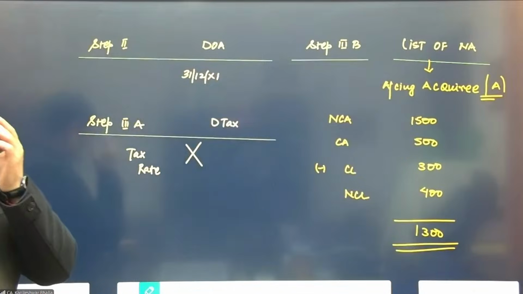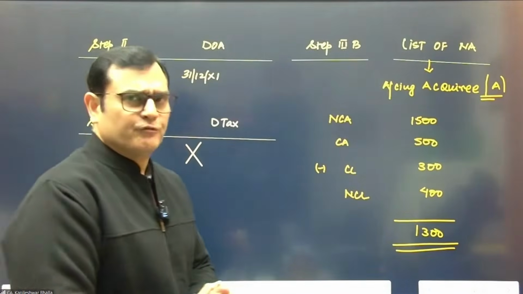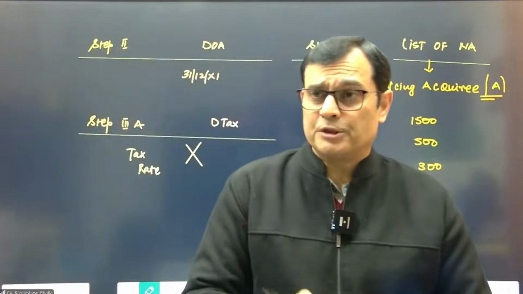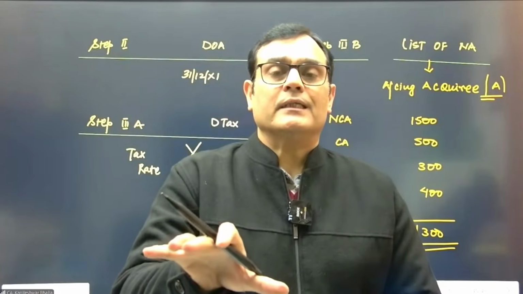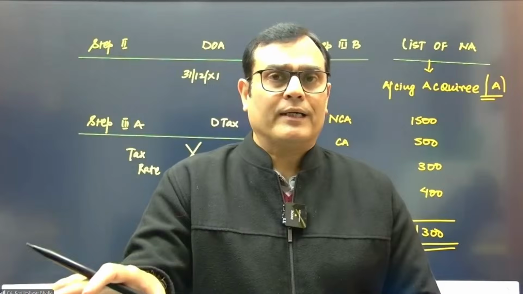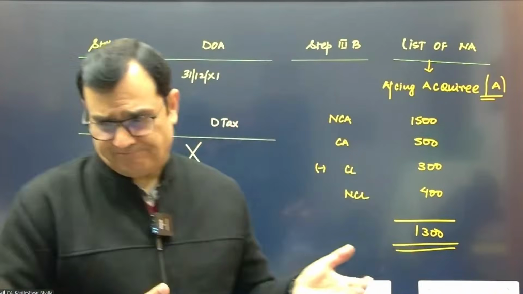Did you see any kind of change so far? Or do you think things are exactly similar so far? Any difference between acquisition accounting and reverse acquisition, except that the percentages decided that A is the acquiree and B is the acquirer? Otherwise, everything works exactly the same.